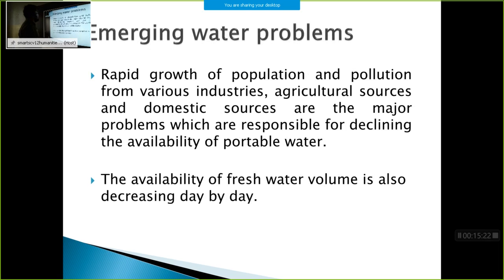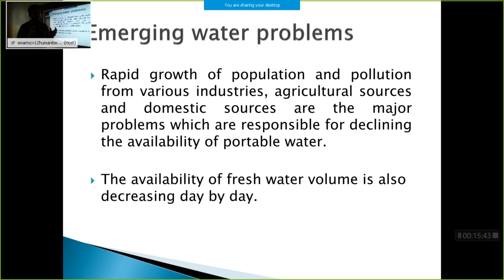Okay. Now, what would be the emerging water problems? Let's discuss. Rapid growth of population and pollution from various industries, agricultural sources and domestic sources are the major problems responsible for declining the availability of potable water.